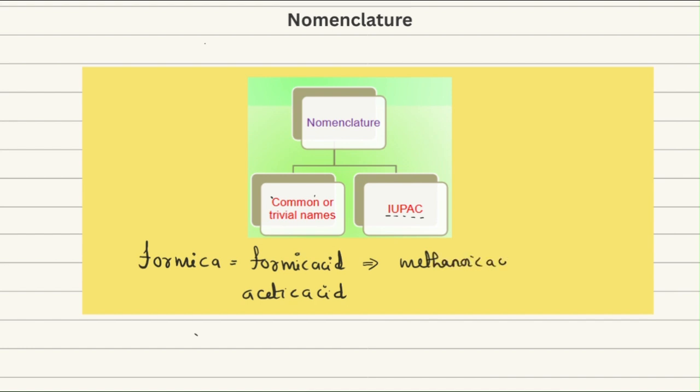That is the IUPAC name. Acetic acid is named as ethanoic acid. There may be some ambiguity when we use common names or trivial names, but when we use IUPAC names, we will always have only one nomenclature for the given molecule.